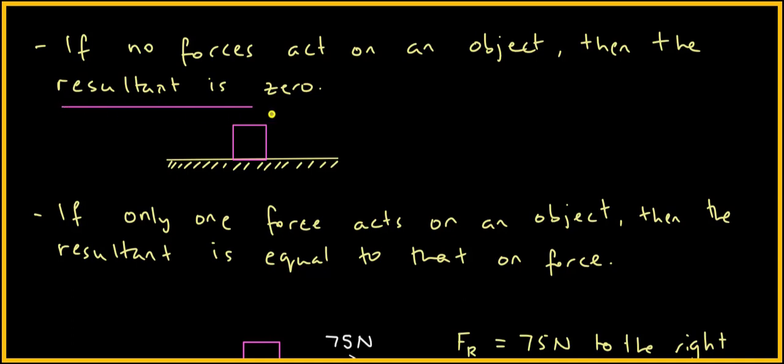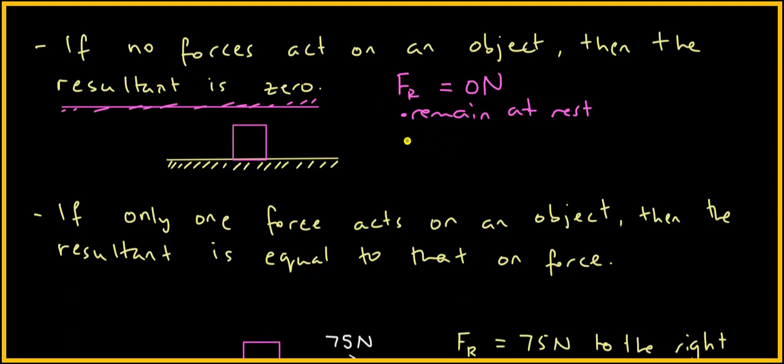So it is possible to have a net force of 0 acting on an object. If the net force, the resultant force, is equal to 0, it simply means that our object will remain stationary, at rest, for as long as there is no resultant force acting there.